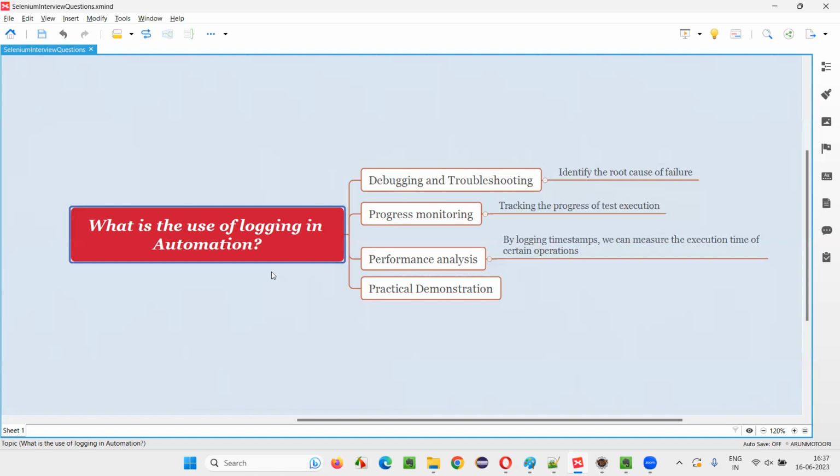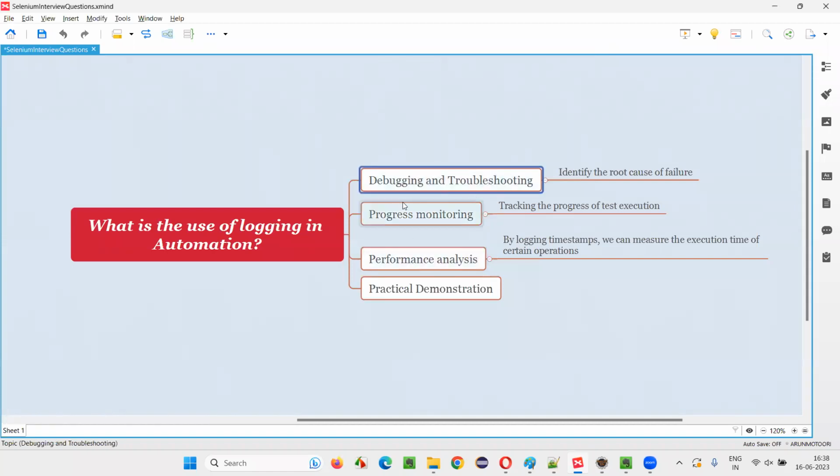This is progress monitoring: what's happening during the execution of the scripts. Even while the scripts are still running, you can open the log file to see how many scripts got executed and how many are pending. After they are completely executed, you can know which script failed from the log details.